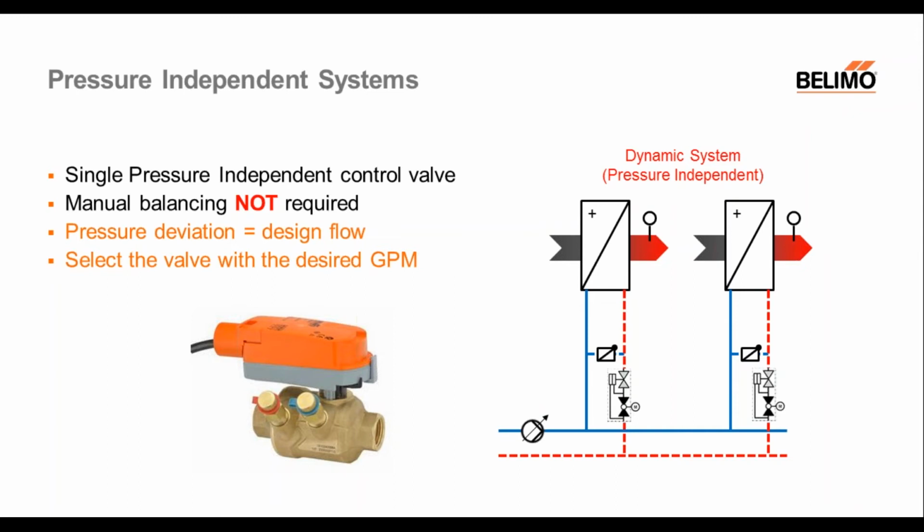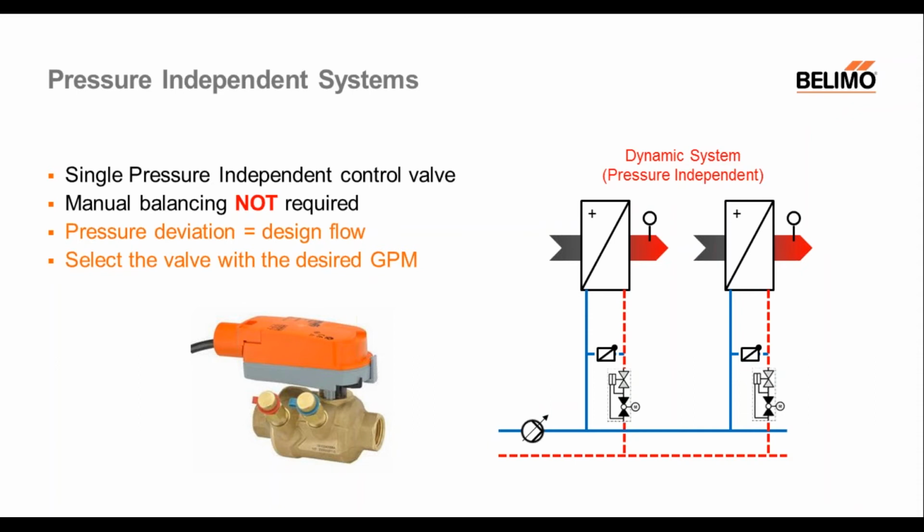Again, because you're using a PI control valve, no manual balancing is required. The PI valve will allow you to maintain design flow despite pressure deviation in the system.